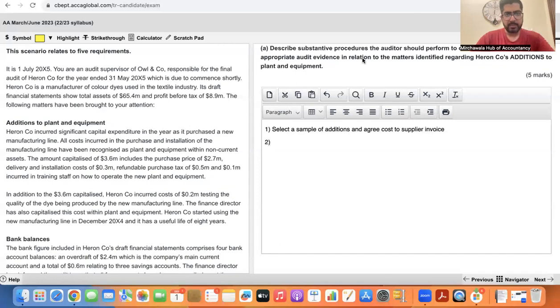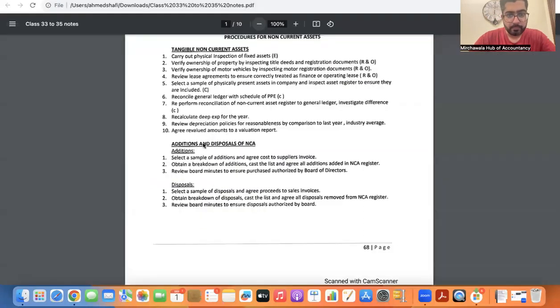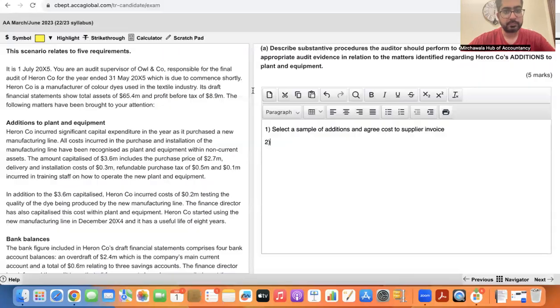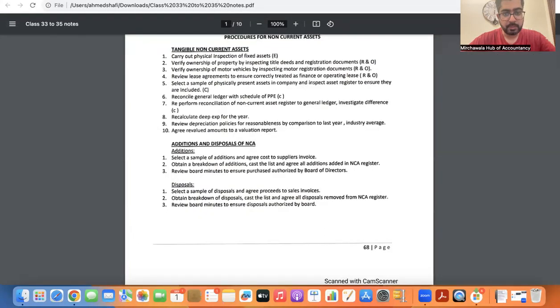Now, the second one, I'm just linking them shortly: obtain a breakdown of additions, cast the list, and agree all additions included in the NCA register.